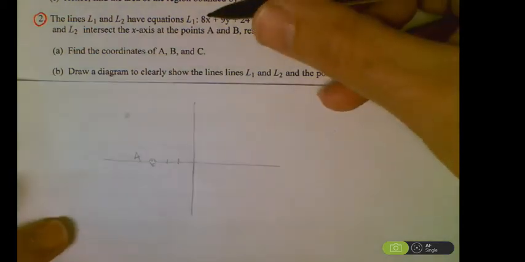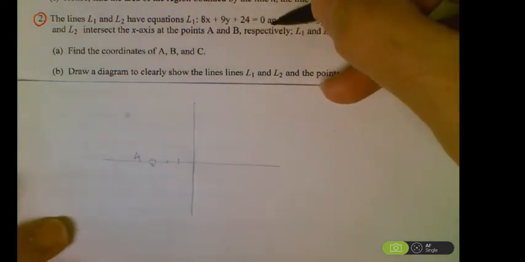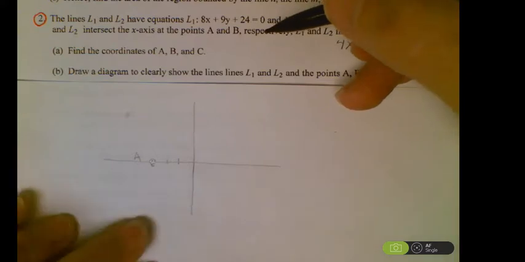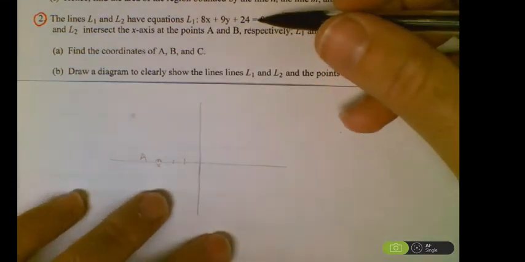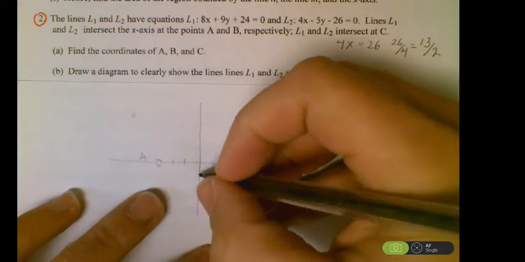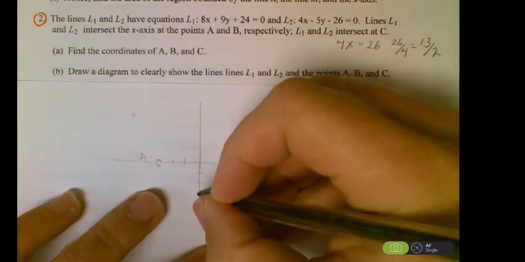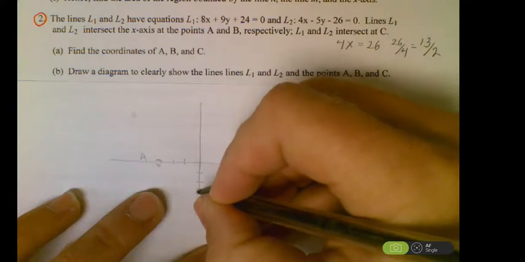If we sub in a 0 for x, subtract the 24 and divide by 9, I can get a y-intercept for that as well. If we do that, we're going to get -2 2/3 for the y-intercept.